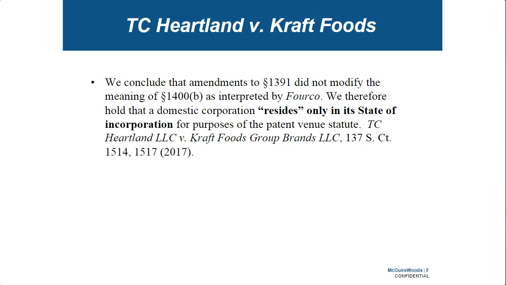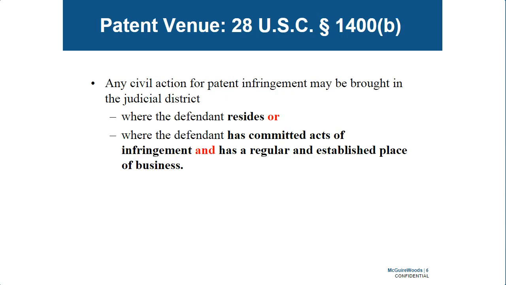So now, under the patent venue statute, you can only bring a patent infringement lawsuit where the defendant resides, which means where the defendant is incorporated, or where the defendant has committed acts of infringement and has a regular and established place of business. All right, so that really drastically limited the places where the generic companies could be sued.